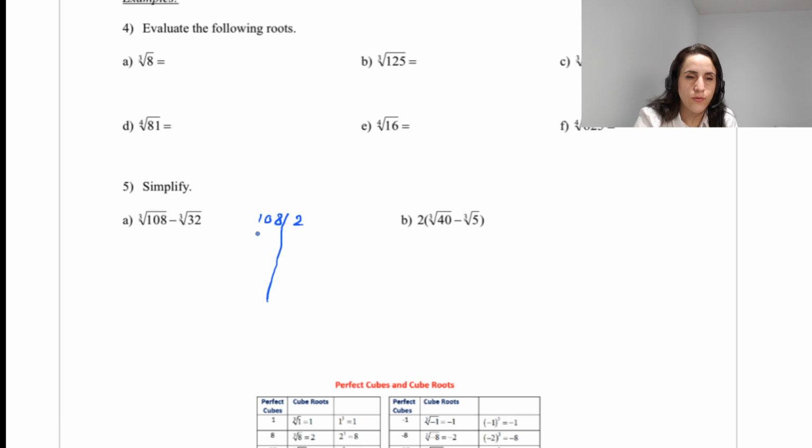I'm a student. 2, 54, 2, 27, 3. I know 27. Do I have to continue? No. You can write it down. I'm so sorry. I'd like to write down 27 first.